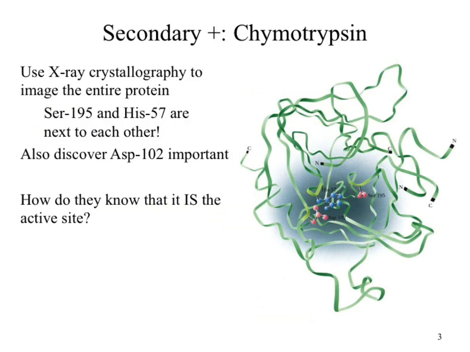Right? How do we know that's where it's supposed to go? Well, we give it the substrate and we don't see the desired product. What we can do is when we go through and do our study, we have to make sure the substrate's in there as well.